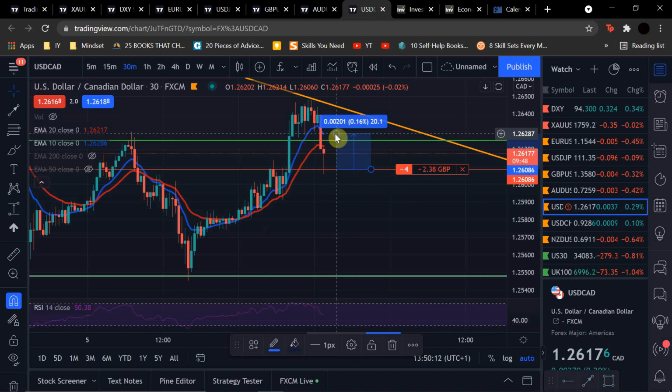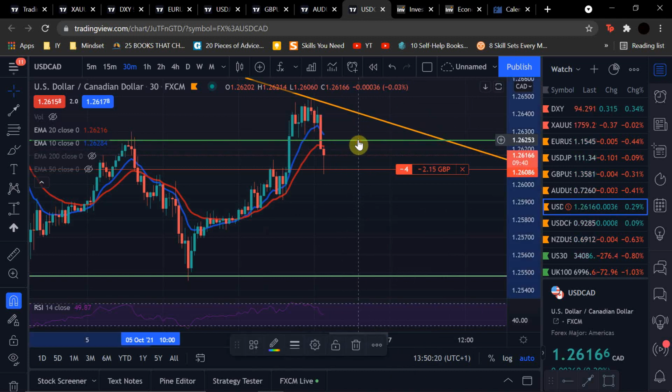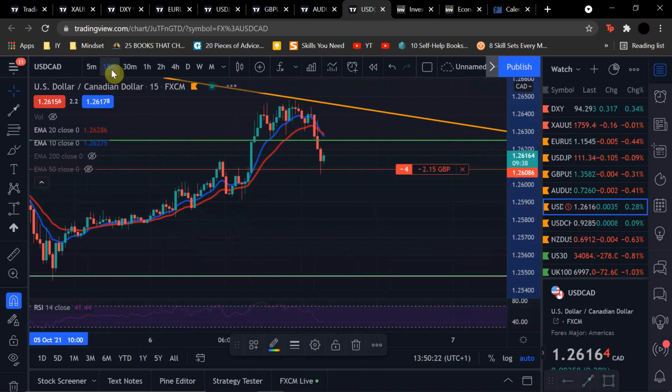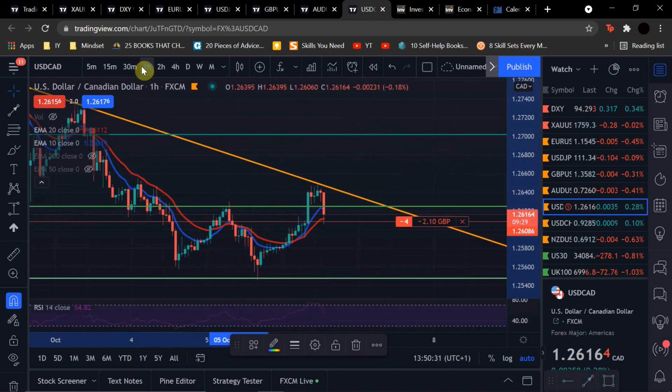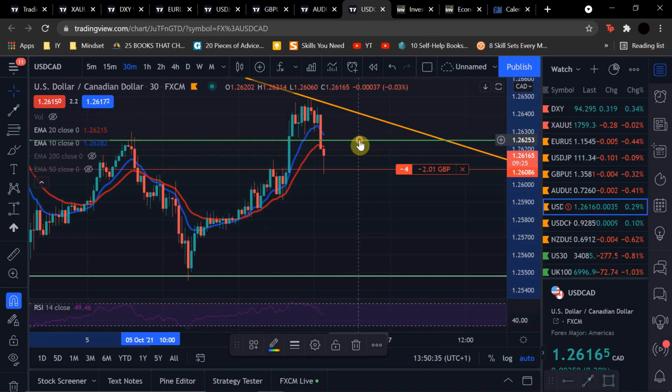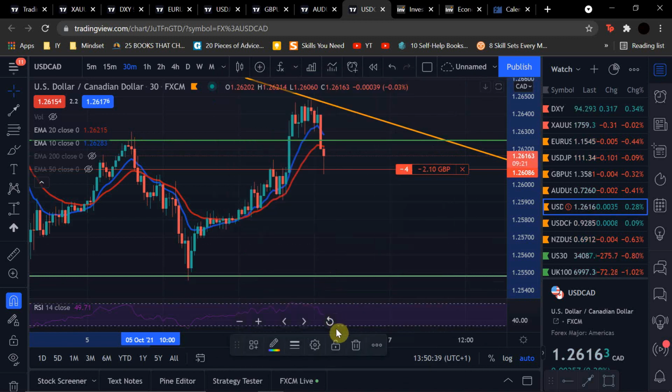So that's a 3-to-1, right? If it closes above this area, and I'll put an alert there, then I'll take my stop loss. So should we put on 15, 30? Let's put on the 30. So I'll do here. Why can I not put an alert?